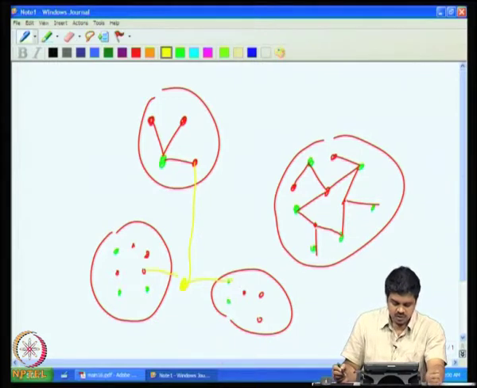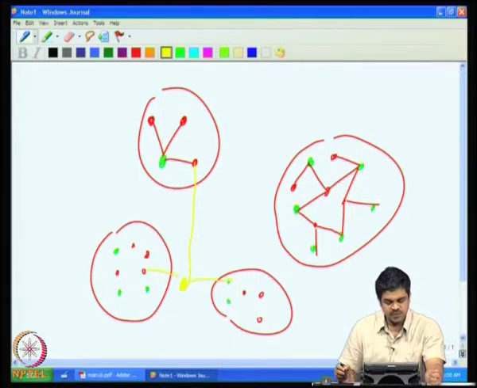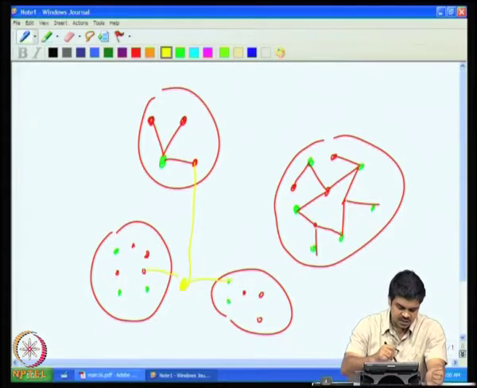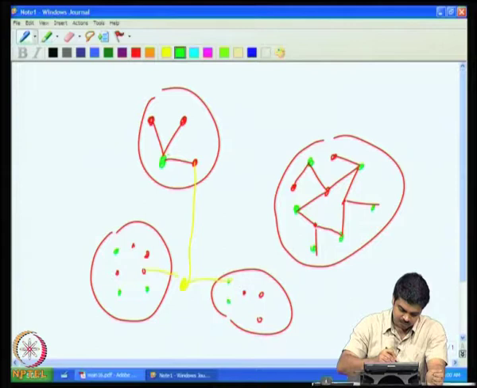Now the observation that we were making use of was that it does not matter, for instance, in this connected component of red and green, if I change each green vertex into red and each red vertex into green. It will not affect the coloring; it will still be proper. For instance, I could make this red and this green.